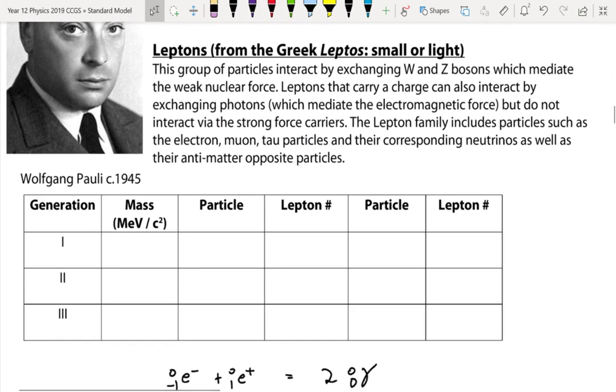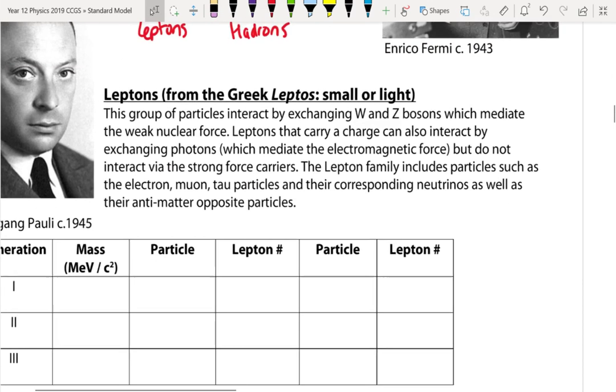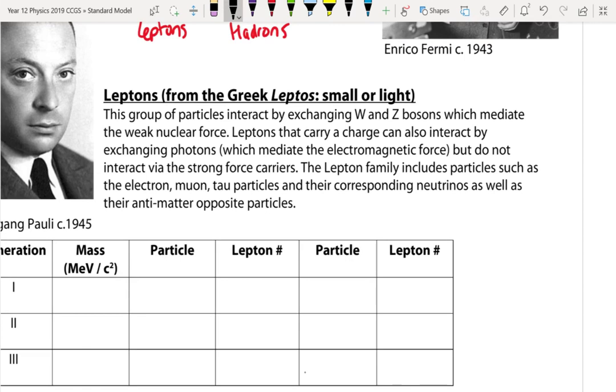Now, this group of particles can interact by exchanging W and Z, which mediate the weak nuclear force, but they can also interact by exchanging photons, which mediate the electromagnetic force.